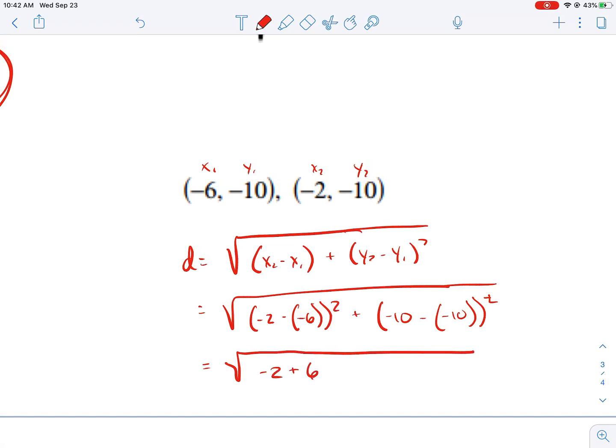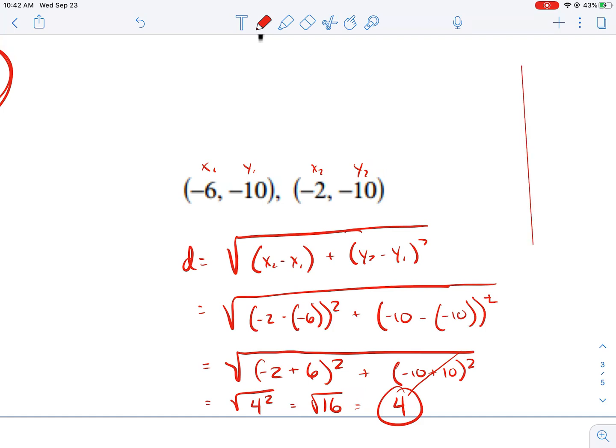So now, we got -2 plus 6 squared. And over here, we got -10 plus 10 squared. So that's going to cancel. So now I'm left with -2 plus 6, which is just 4 squared, which is just 16, which is 4.